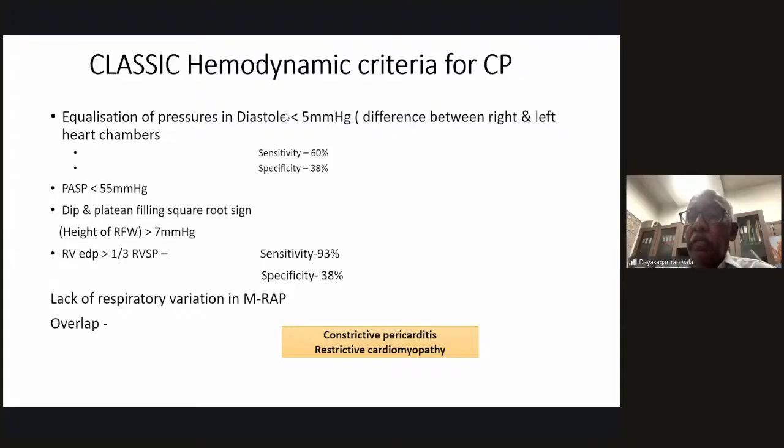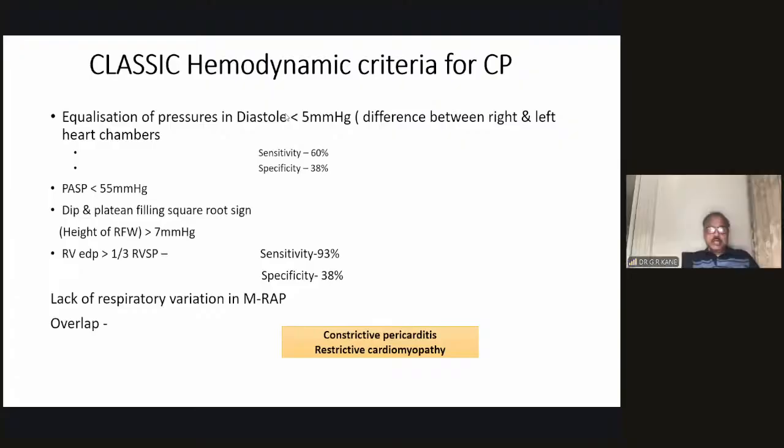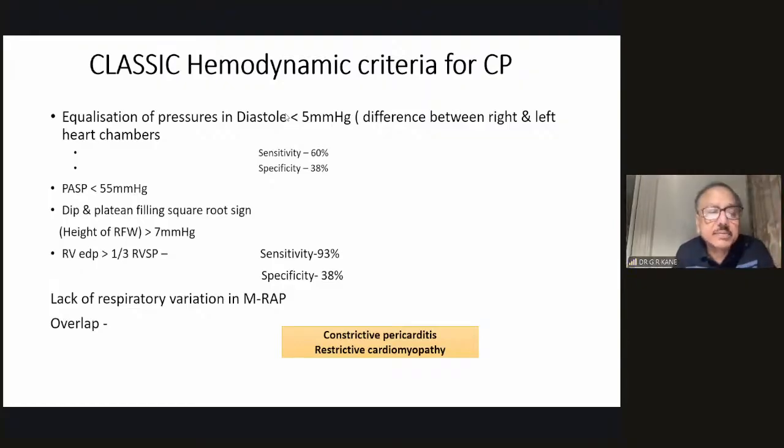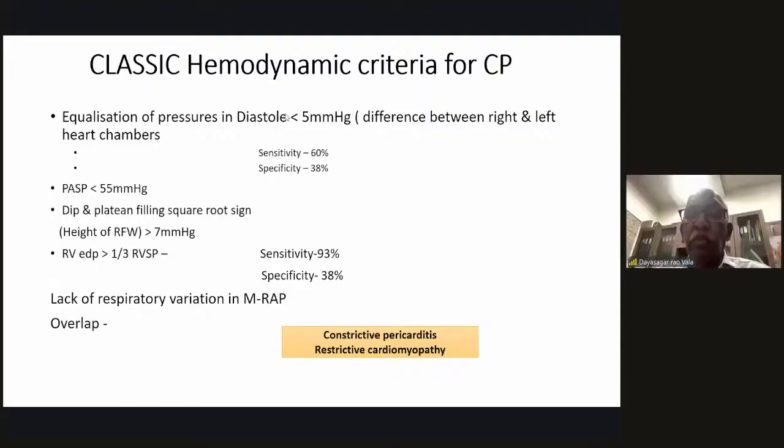Next slide, please. I think my slides are gone off. No, they're there. No, but I'm not able to see my slides. We can see it here. Can you see now?